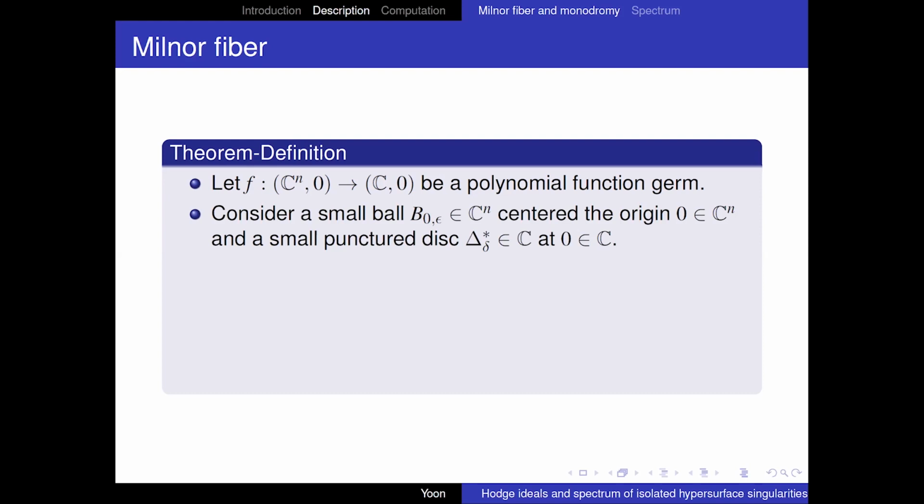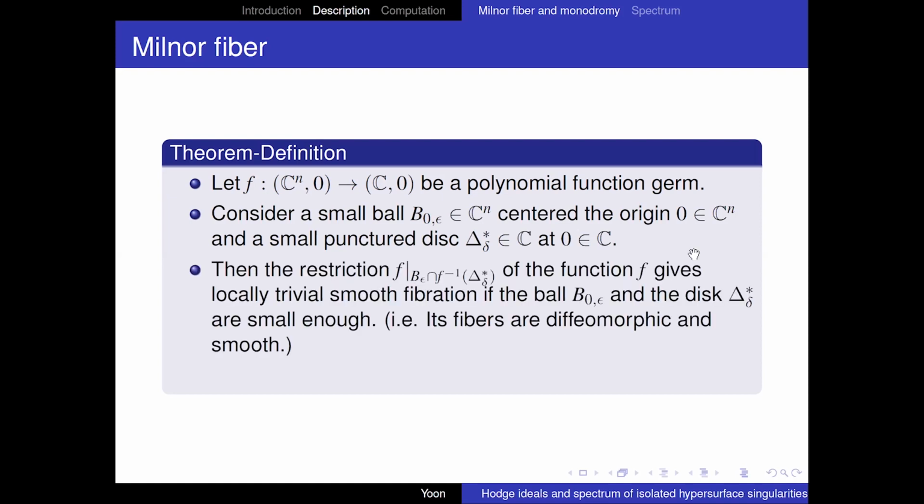So we call B_epsilon for the source part, and for the target part we pick delta, which is a small disk, but delta star is a punctured one, punctured at 0.